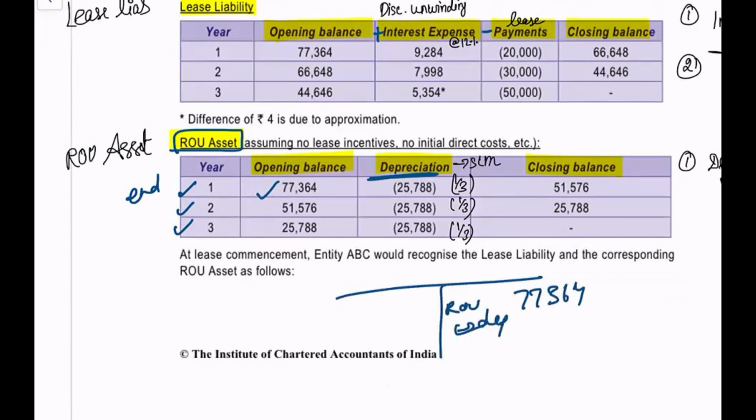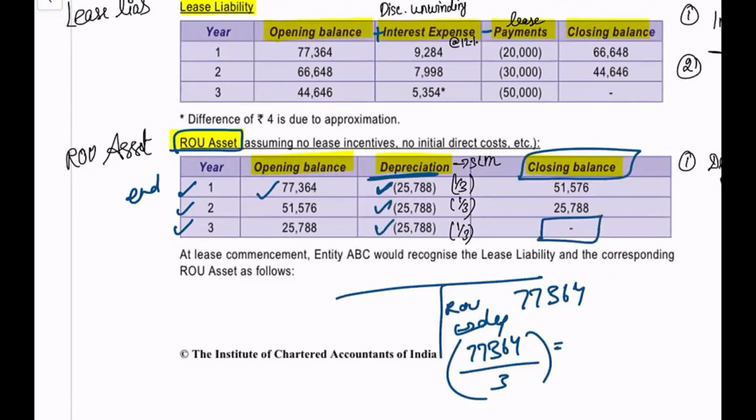The 77,364, you have to depreciate it over 3 years. So divided by 3, you will find out the every year depreciation. So it is 25,788. Every year will depreciate the same. And finally, come to the closing balance. Closing balance is going to be 0. So year 1 end, you will get at this balance. This balance will be the opening balance of year 2.